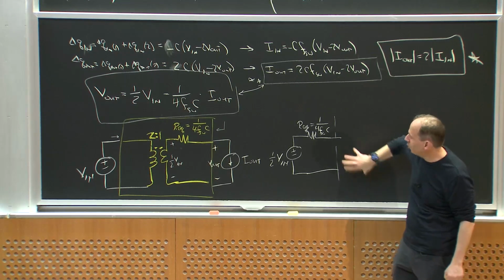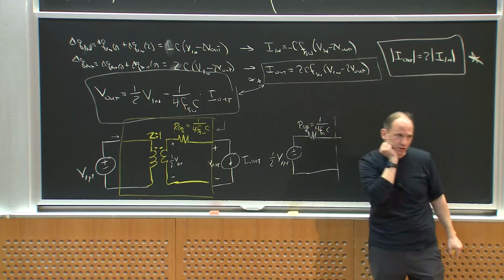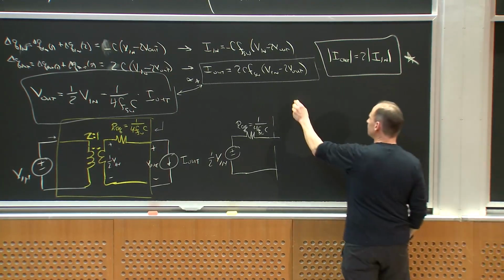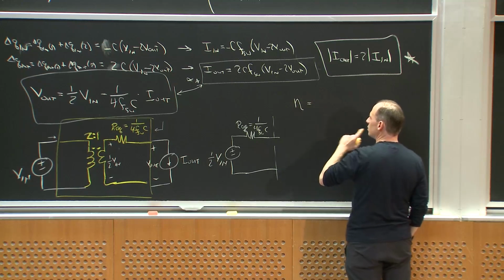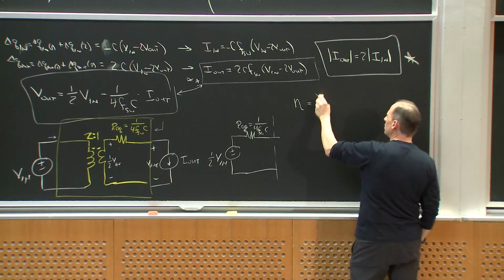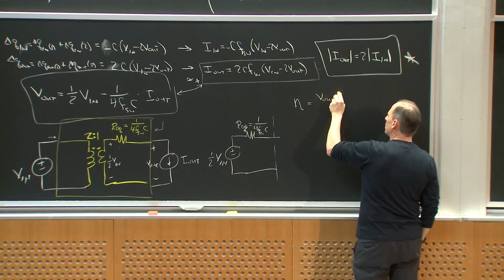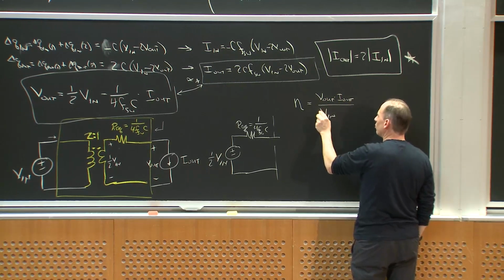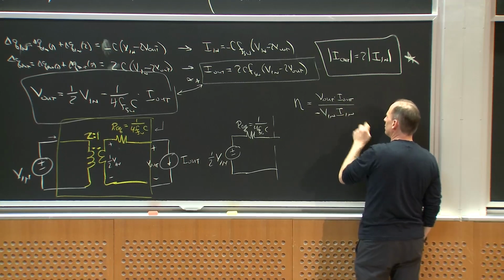Now, we could say, what's the efficiency of the converter? Well, the efficiency is equal to V out, I out, divided by minus V in, I in, right?